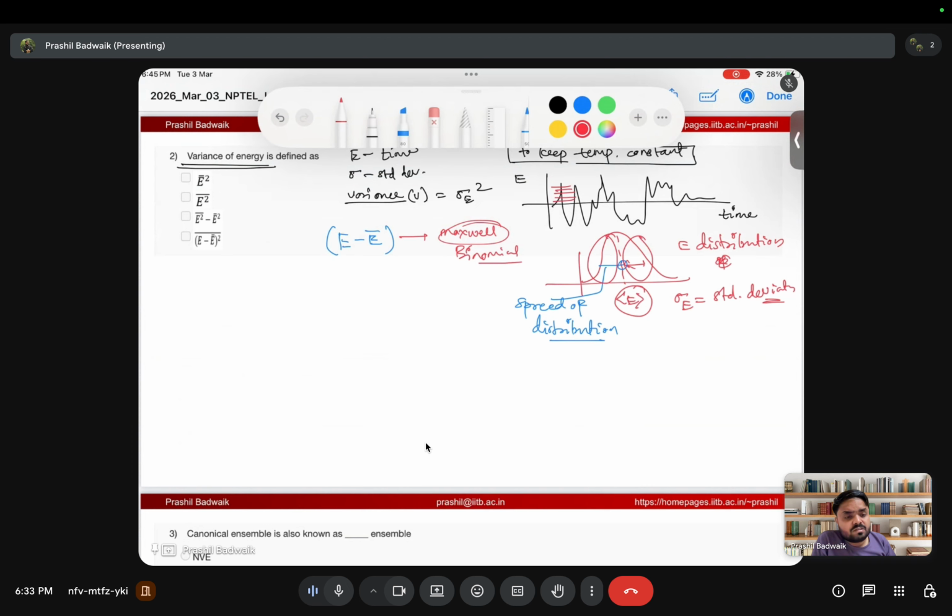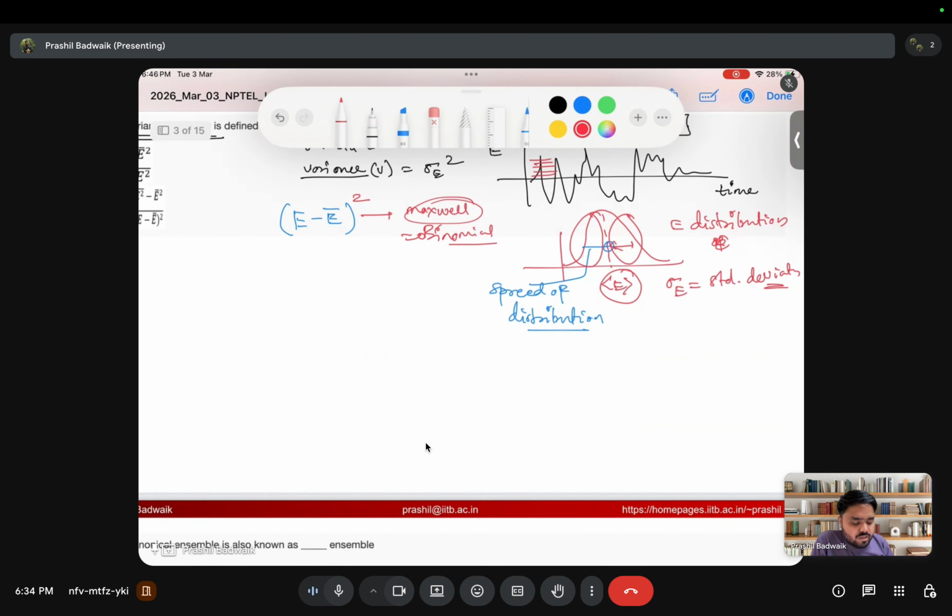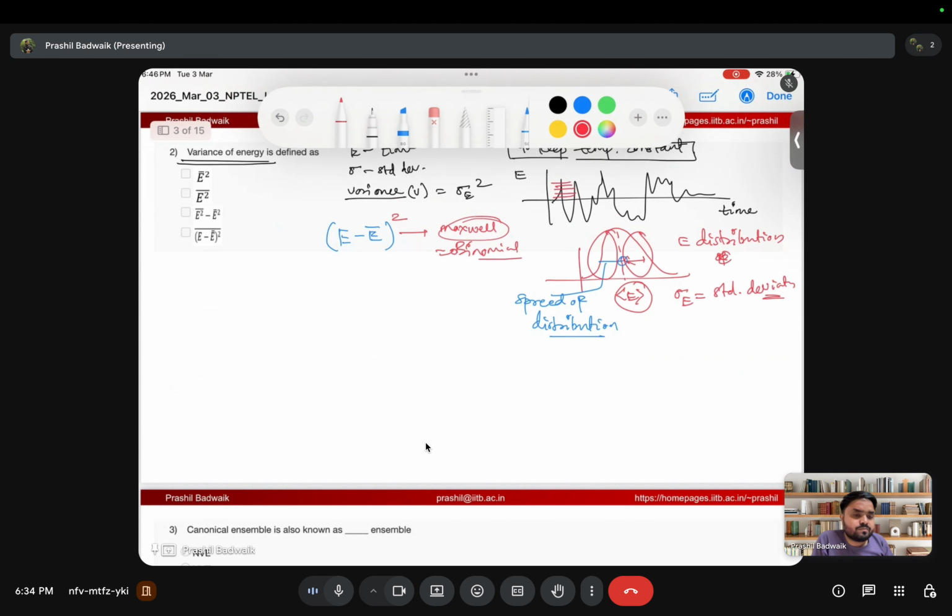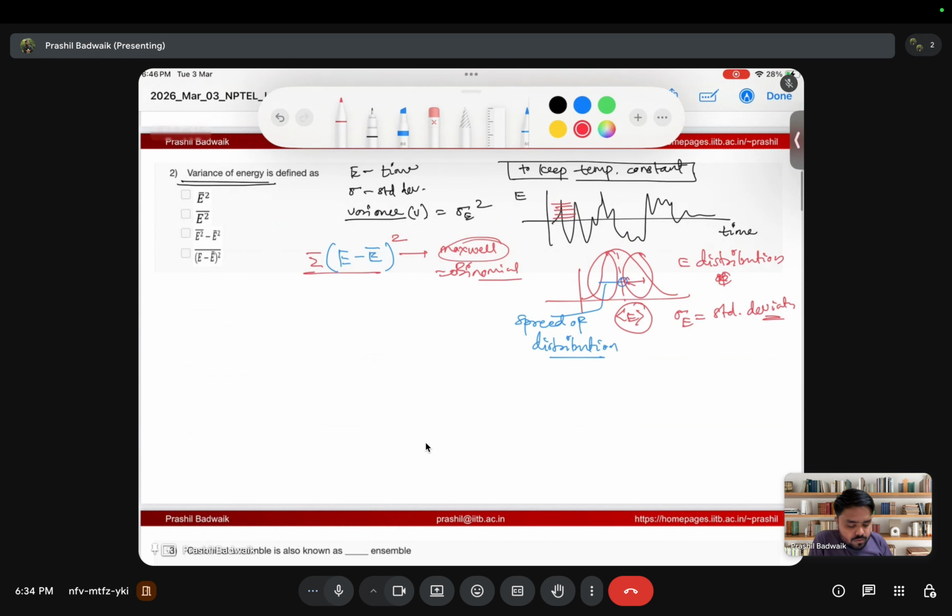So half of the energy values will be positive, half of the values will be negative, and hence this will be equal to 0, right? So we cannot calculate this property, and that's where we calculate the square of this value. We sum this value, that is how E is varying from the average value, correct? And then this value we take summation over N systems divided by N.